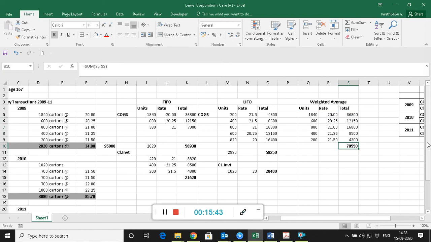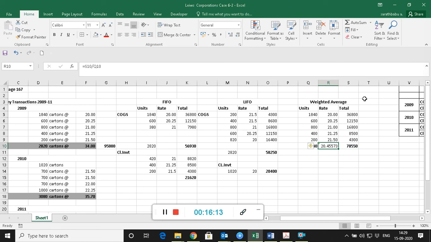78,550. So this is the total price for how many units? Of the total units of 3,840. So which means what would be my unit price if I calculate the weighted average? My unit price would be 78,550 divided by the total, that is 3,840.